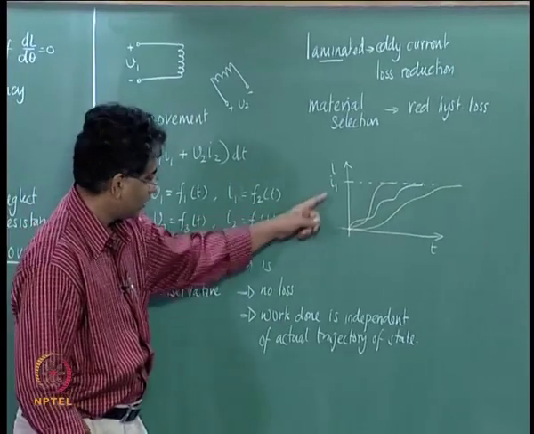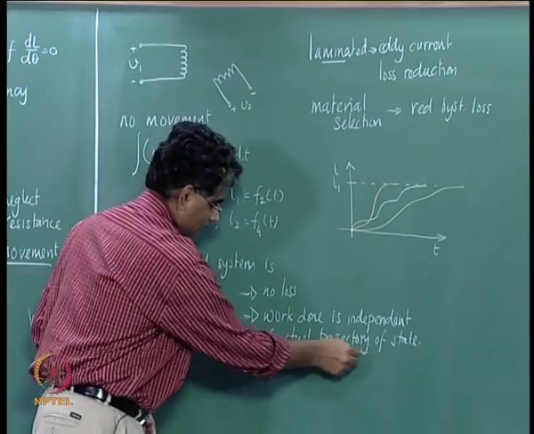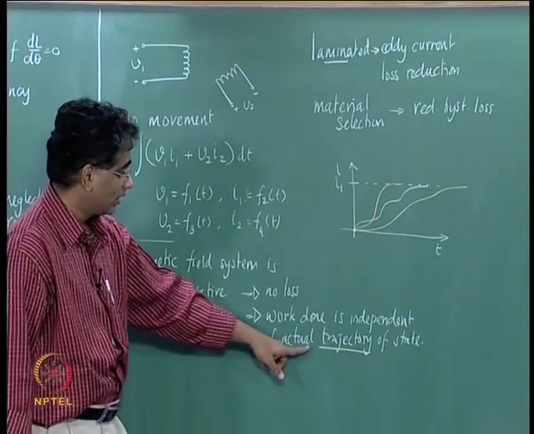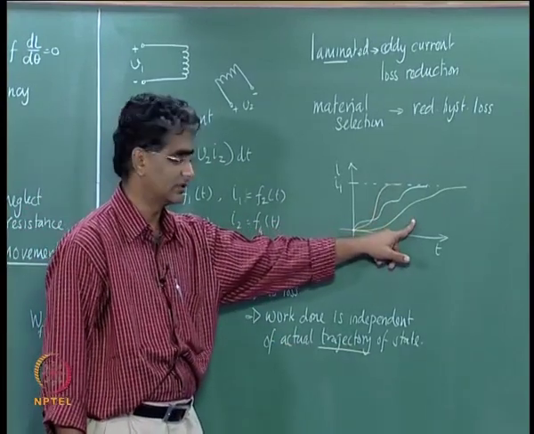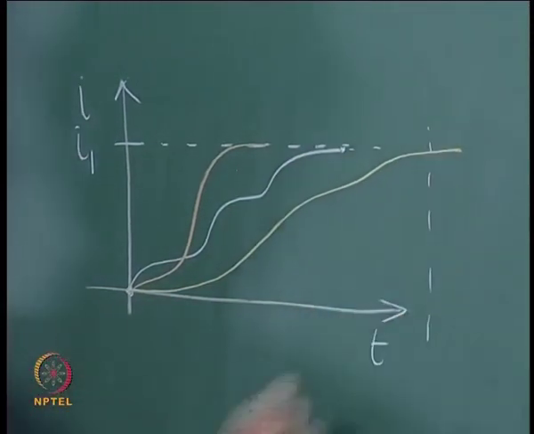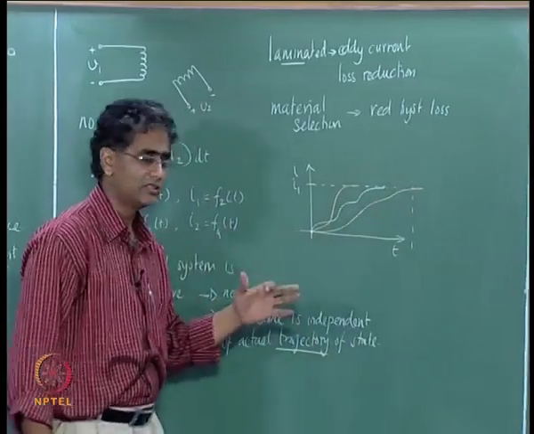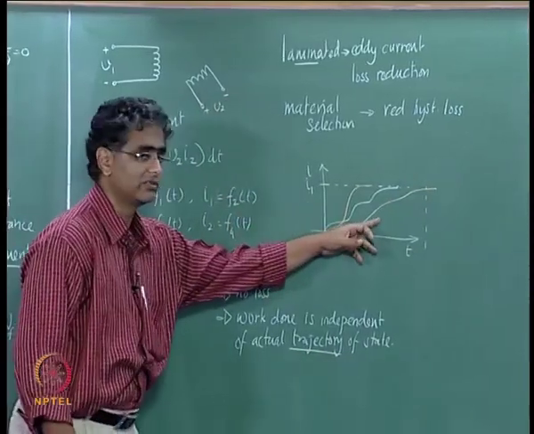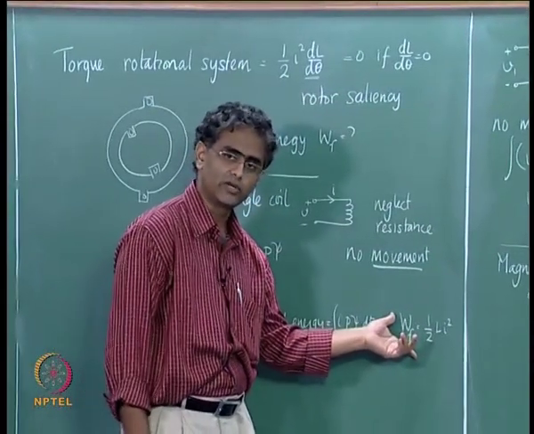Now, the way in which I has reached I1 is different in all these three situations. However, at this instant of t, after it has reached I1, the energy stored in the field is still half L I squared.